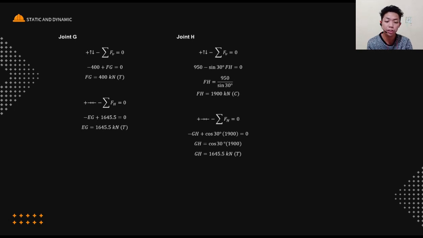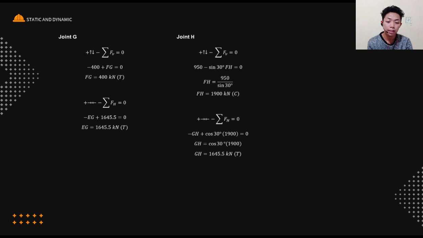Then, summation forces horizontal naman tayo, which is kapag pakanan is positive, then pag pakaliwa is negative. So, yung GH natin na pakaliwa is magiging negative siya. Tapos, yung cos 30 degrees times 1,900 natin is pakanan siya, so magiging positive.